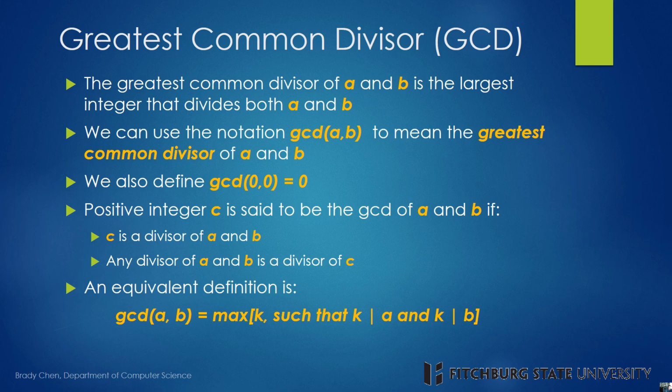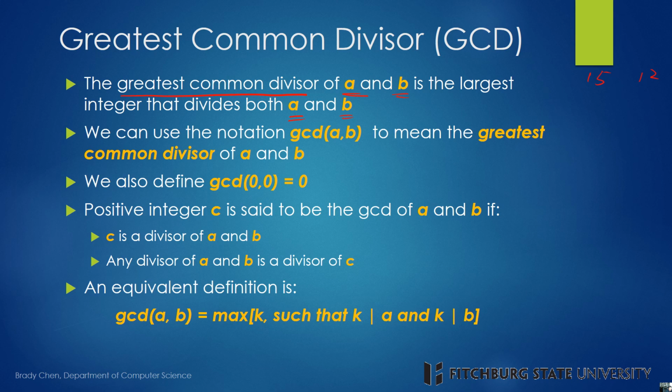The greatest common divisor of two integers a and b is the largest integer that divides both a and b. Let's take a look at a very simple example, say 15 and 12.